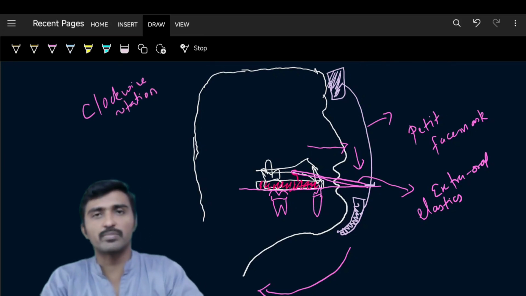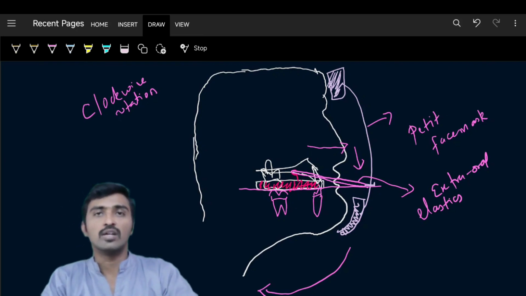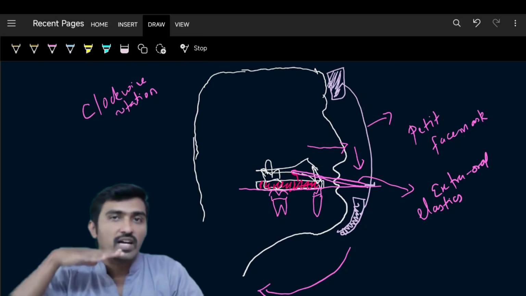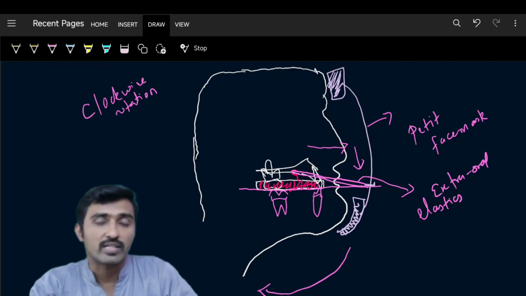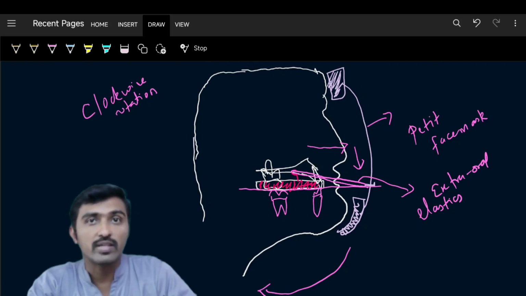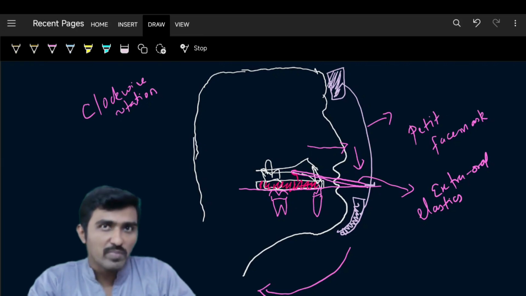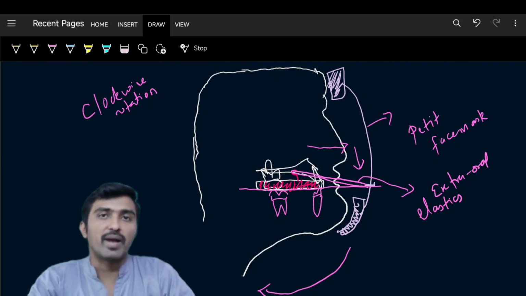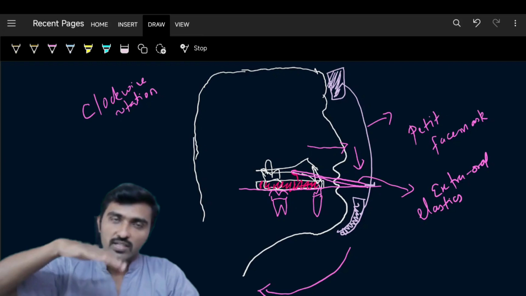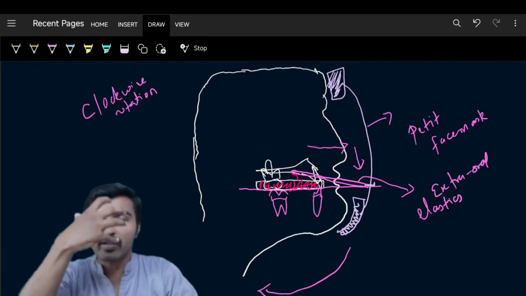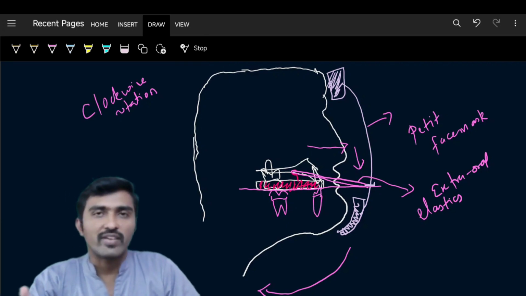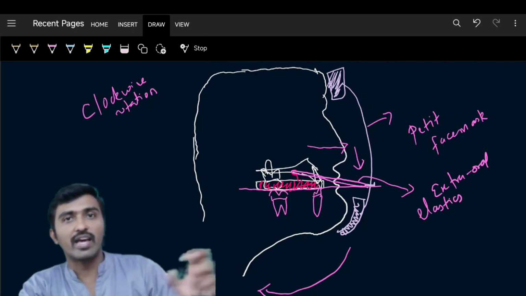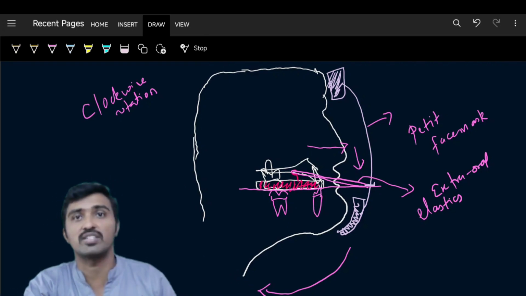Imagine a class 3 patient experiencing a backward and downward rotation of the mandible; that would definitely improve the facial appearance of the class 3. For this to happen, the mandible has to rotate in the clockwise direction, so the maxilla has to be pulled downward. Also, the second point is that patients with class 3 will have a deficient vertical dimension as well.